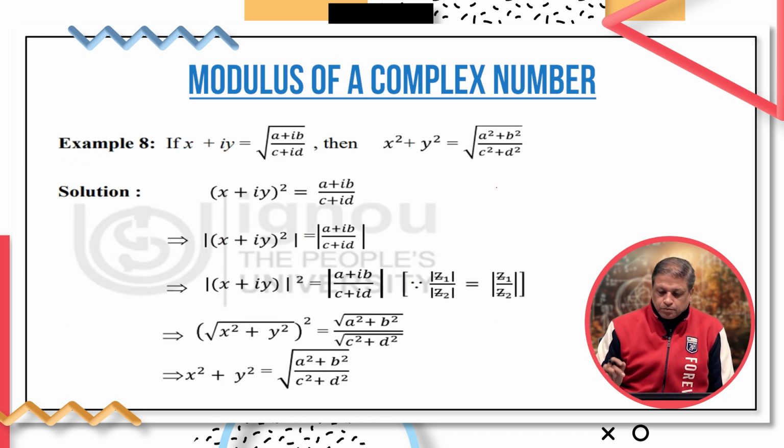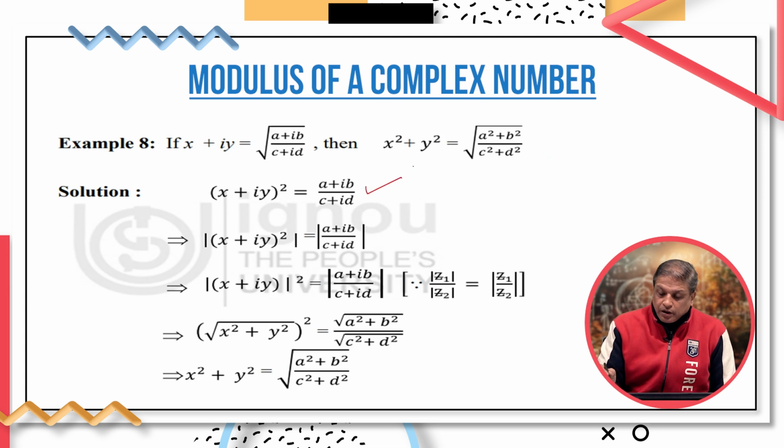Let us understand through one more example. In this example, x plus iy is equal to square root of a plus ib upon c plus id, and we are supposed to verify that x square plus y square is equal to square root of a square plus b square upon c square plus d square.